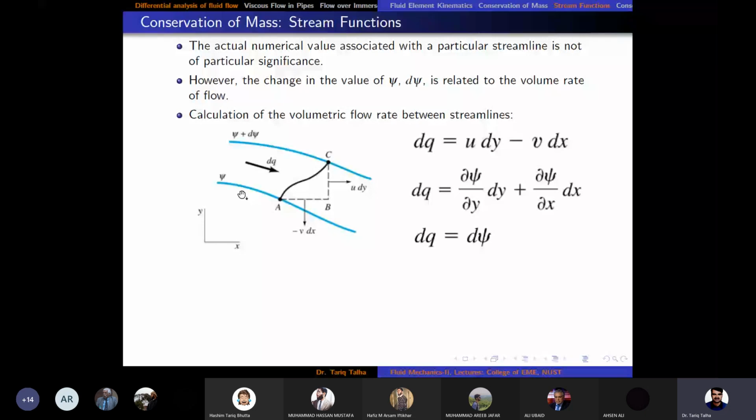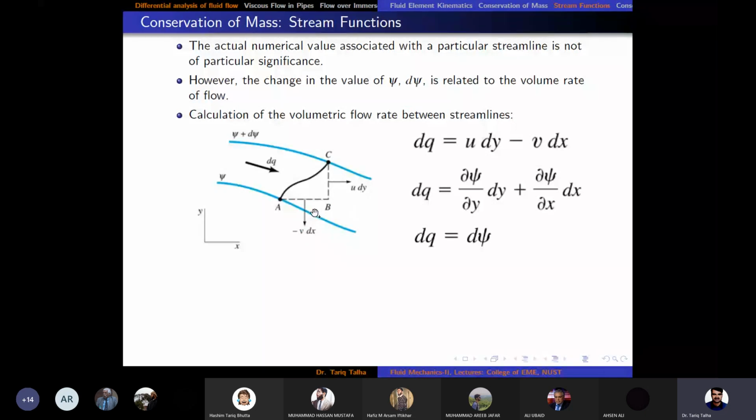One streamline on the bottom side has a stream function value of psi, where the mouse cursor is, and the upper streamline has a stream function value of psi plus d psi, which is the change in stream function value as we move from one streamline to the other. Now, we have taken an arbitrary cross section AC, and we can divide it into two segments: AB, which is equal to minus dx, and BC, which is equal to dy.